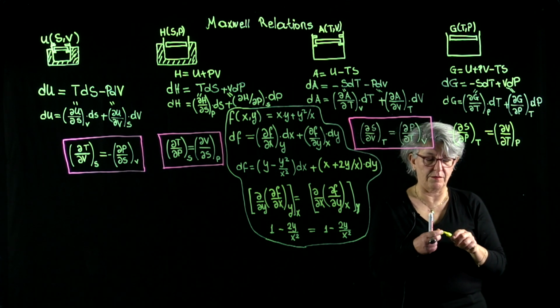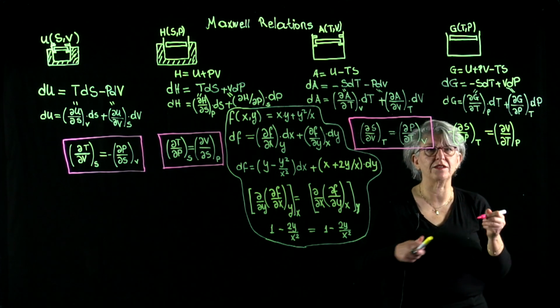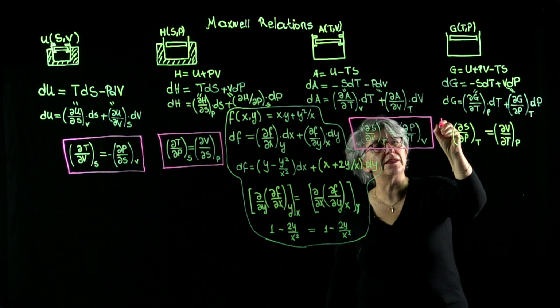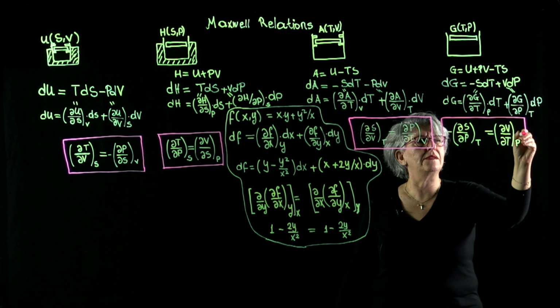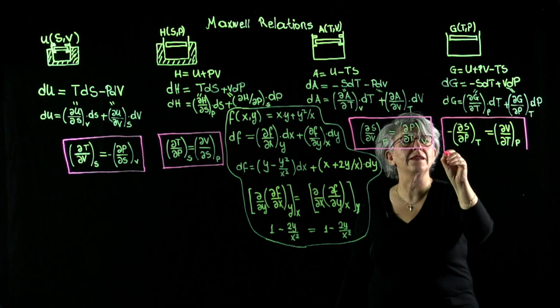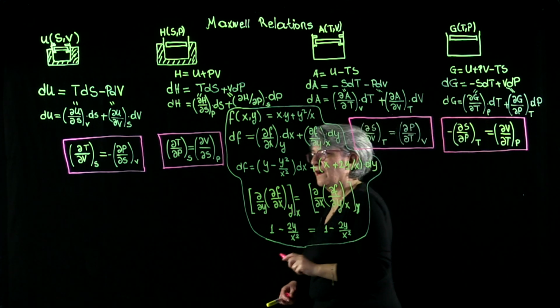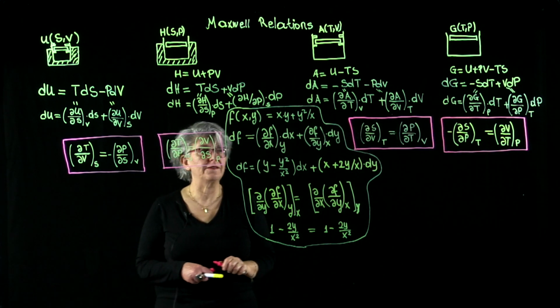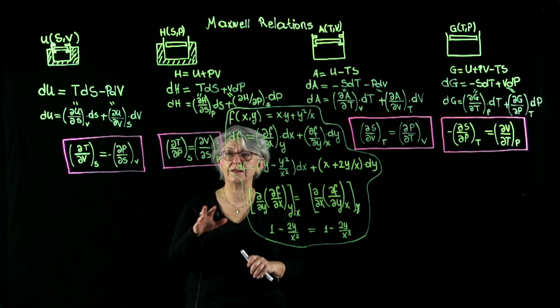And this is my fourth set of Maxwell relationship. What does a Maxwell relationship do? It identifies the relationship of those four state variables with respect to one another.